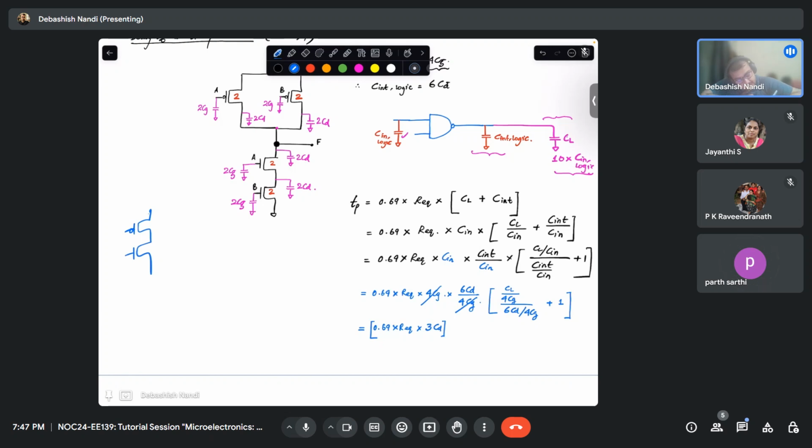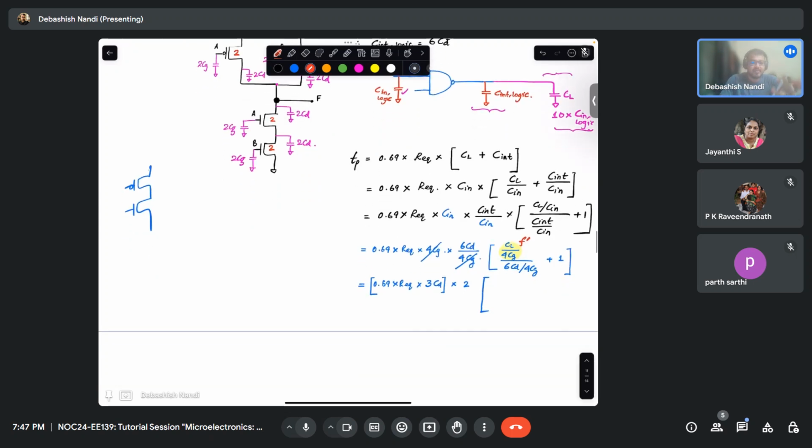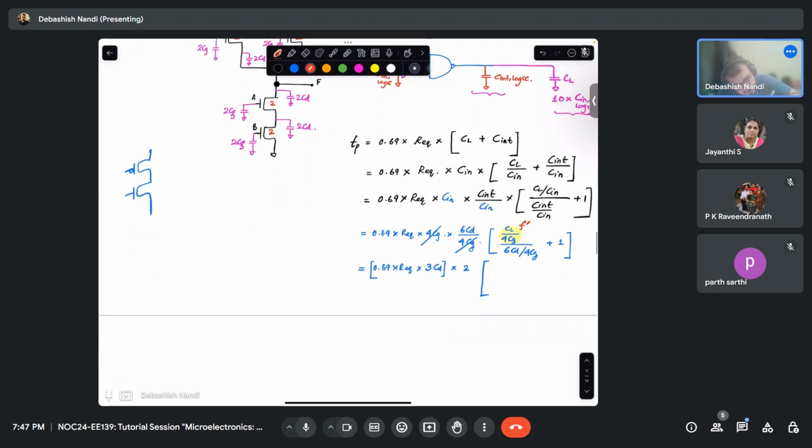So if it is 3CD, then I have 2 multiplication here, and let us call this term a new value F dash. I'll explain this and give you a simplified formula. Okay. So this is F dash times 4CG over 6CD plus 1.